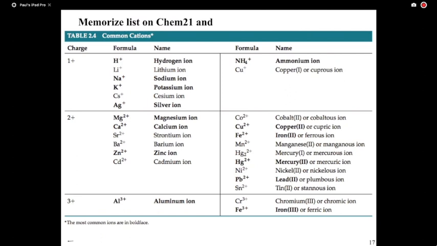Now, some of these are fine because they come directly from the periodic table, and you don't actually have to memorize them. Some are weird. There's a charge and a name. I need to know the charge and the name. Now this is where TRQs actually become important, because it's a wonderful way to study them.